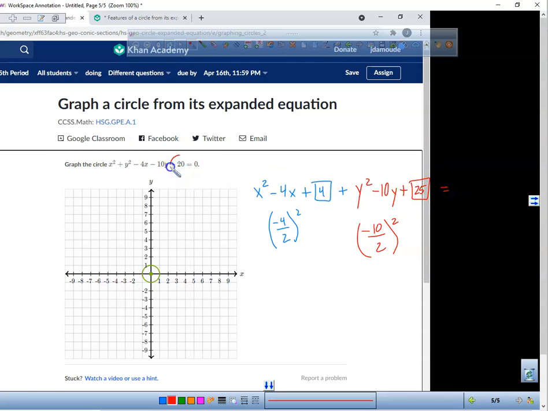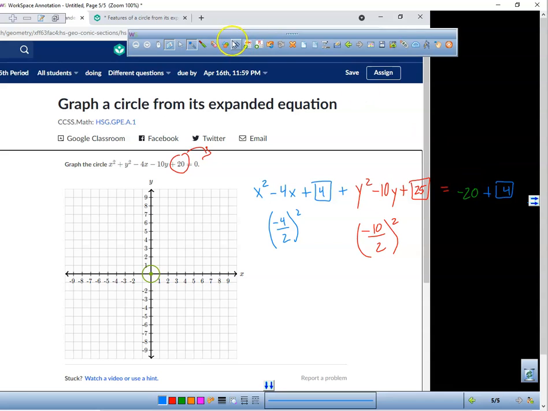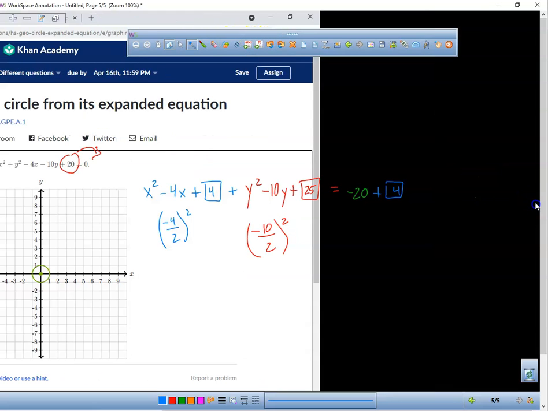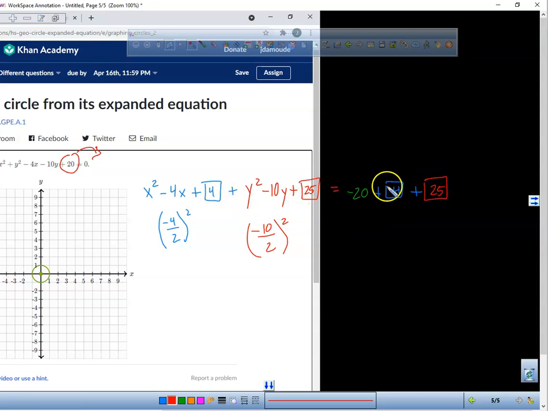We're going to take this positive 20, move it across, and that makes it a negative 20. But remember, whatever I do to one side, I have to do to the other side. So here we go. Won't take long at all. So I got a 25 on both sides of the equal sign. I got a 4 on both sides of the equal sign.